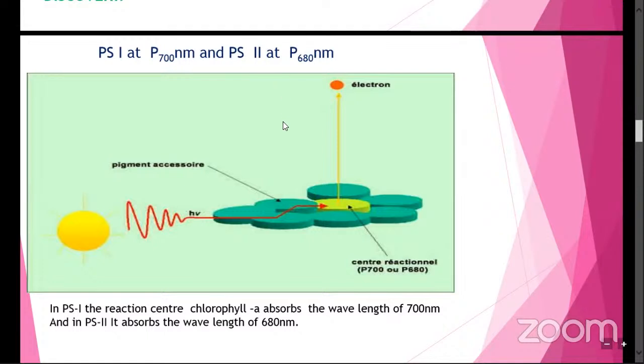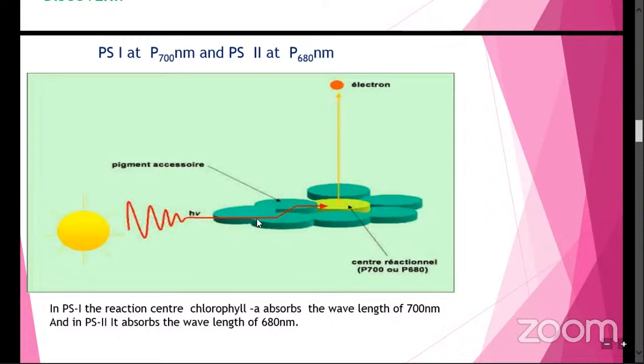Here, the yellow color structure is the reaction center. That is nothing but chlorophyll A, and it receives 700 nanometers or 680 nanometers wavelength light.